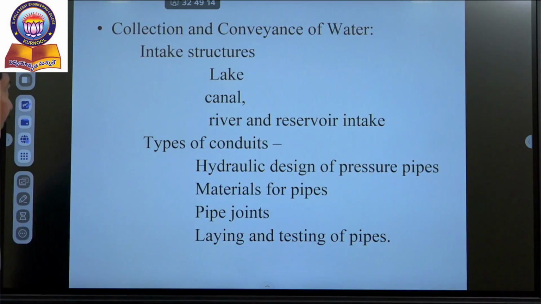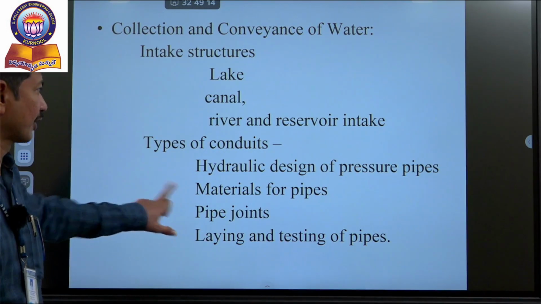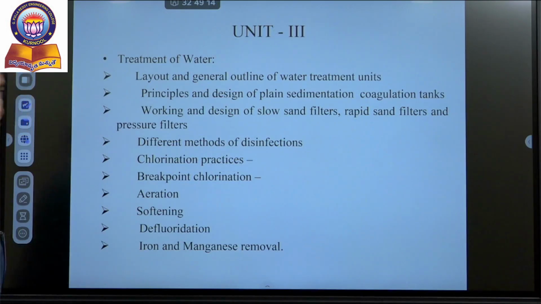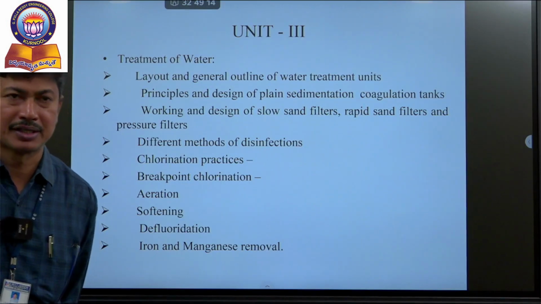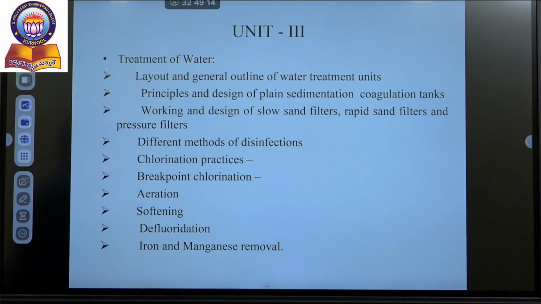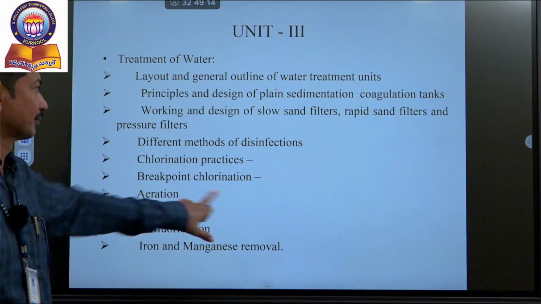Unit 2 also covers intake structures and types of conduits. Unit 3 is completely treatment of water from a domestic point of view, various kinds of treatments like aeration, sedimentation, coagulation, filtration, disinfection, and so on.